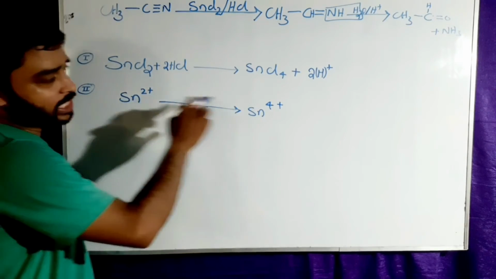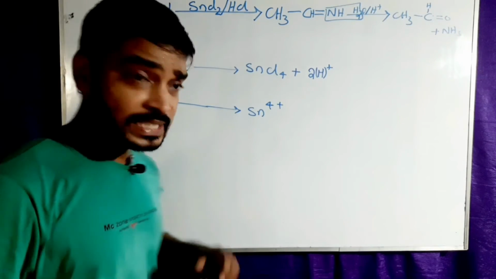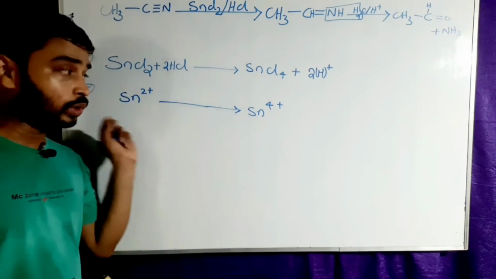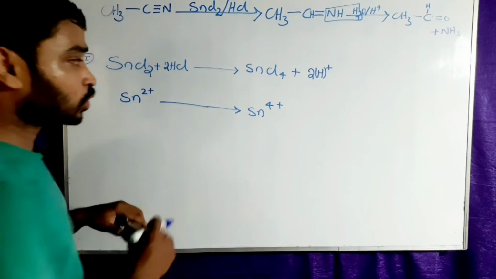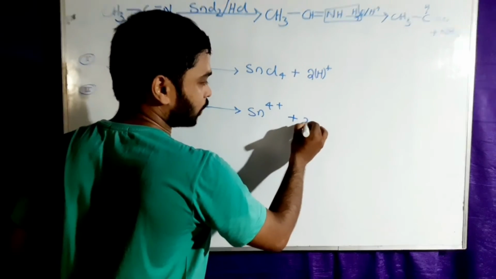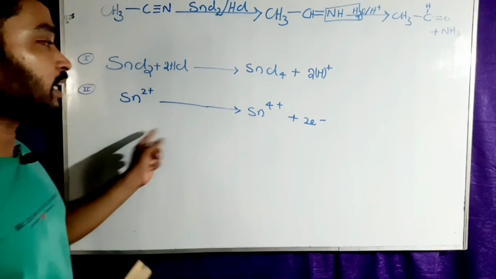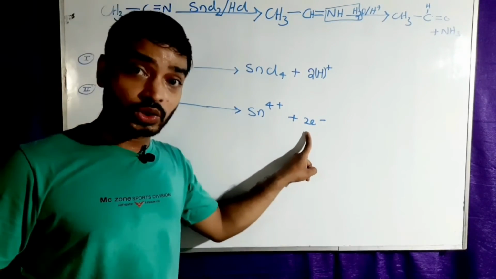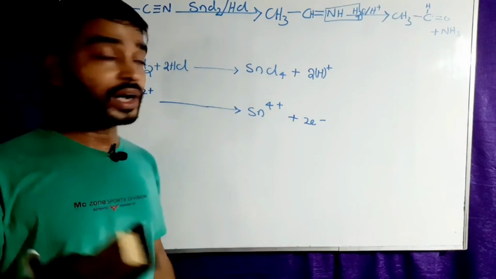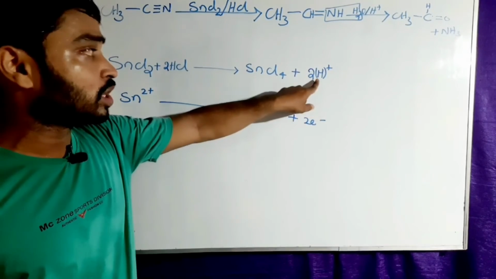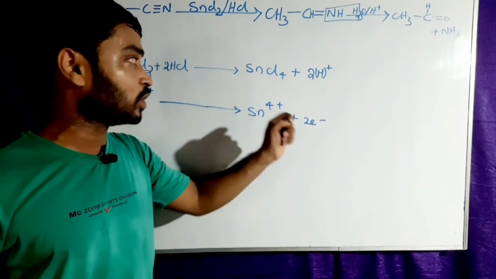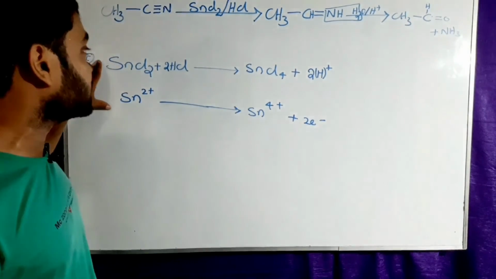So +2 gets converted to +4, that means 2 extra electrons get released from this part. So 2 electrons get released from the atom, resulting in the formation of 2 electrons in the reaction mixture. So what are the new reactants produced here? 2H plus and 2 electrons are produced from the reducing agent section.